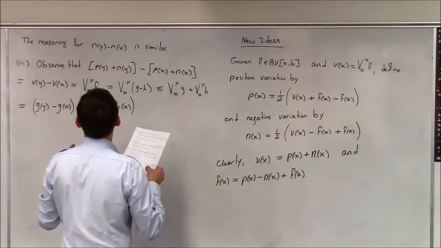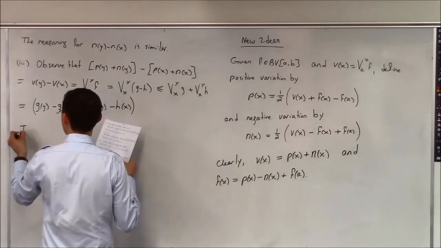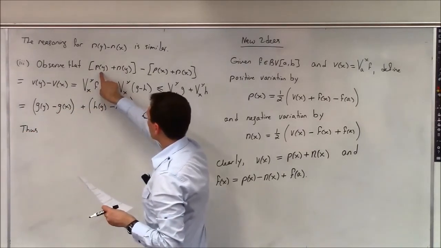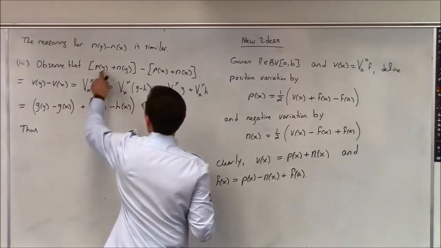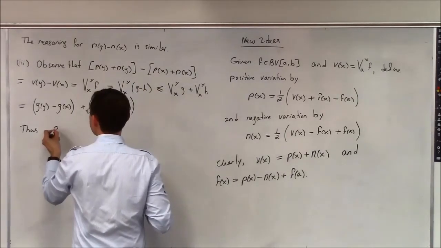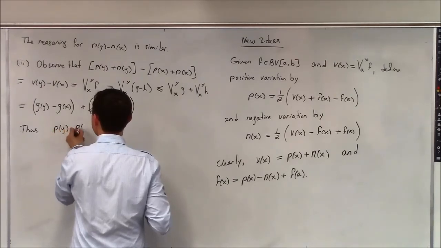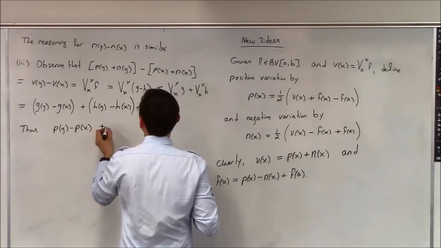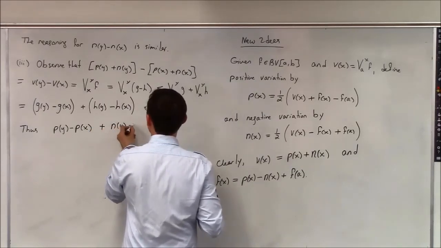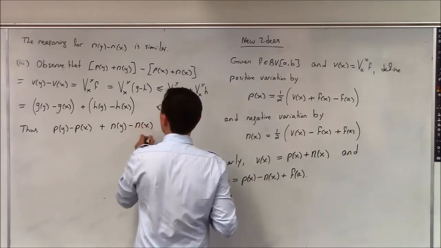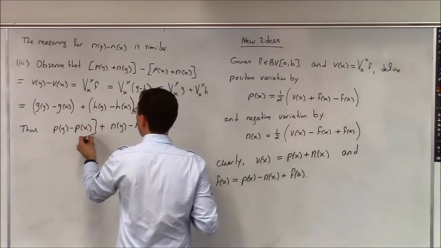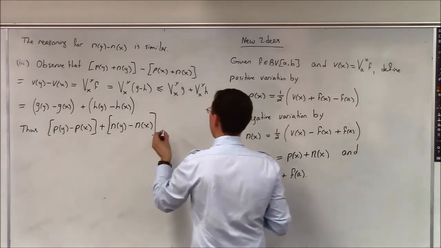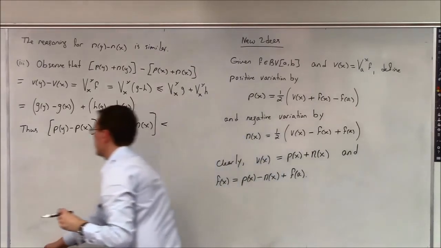So what did we observe? Thus, if we rearrange those terms, we have that p of y minus p of x plus n of y minus n of x is, first of all, what is that equal to?